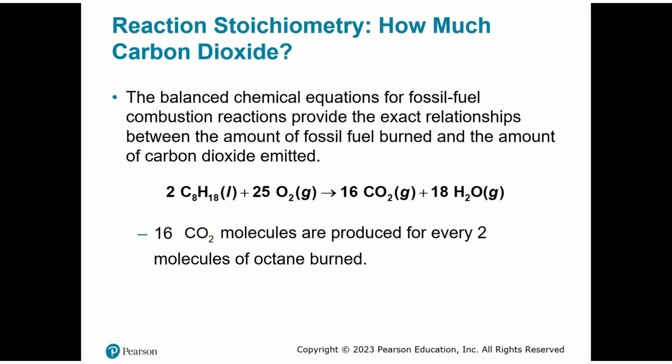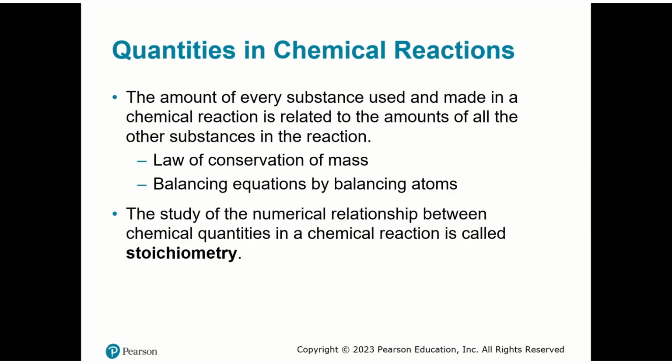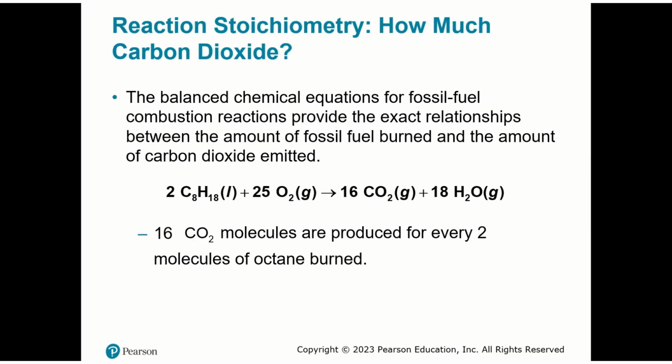Let's start with this reaction here, the balanced chemical equation for fossil fuels. The combustion reaction provides the exact relationship between the amount of fossil fuel, in this case octane, which is a part of gasoline, and the amount of carbon dioxide. Let me get back, I was just trying to grab my pen.